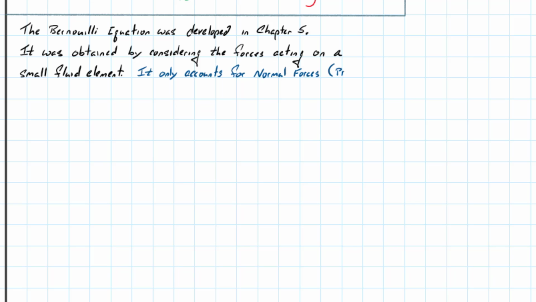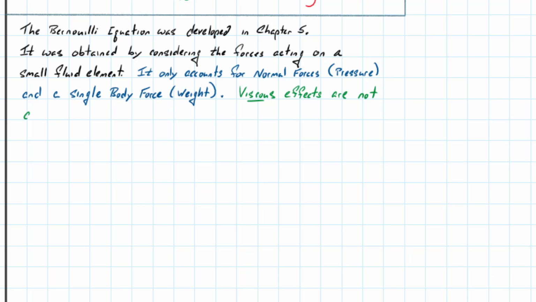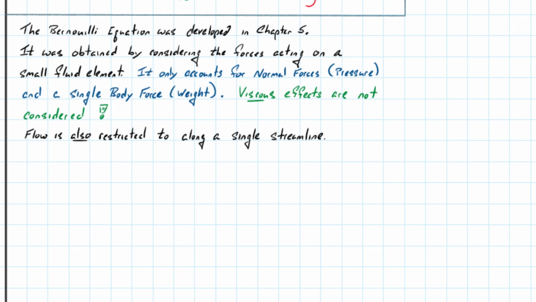And then we also looked at body forces, but we restricted those body forces to the weight of the particle itself. In this case, viscous effects are not considered. So finally, the flow was also considered to be restricted to being along a single streamline. So there were restrictions on this.